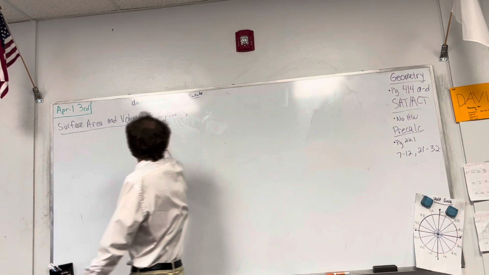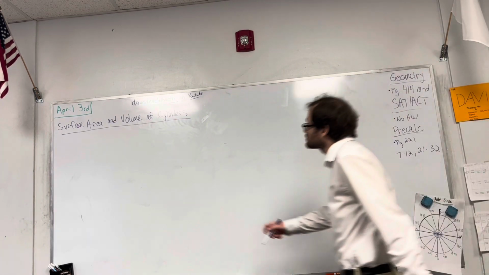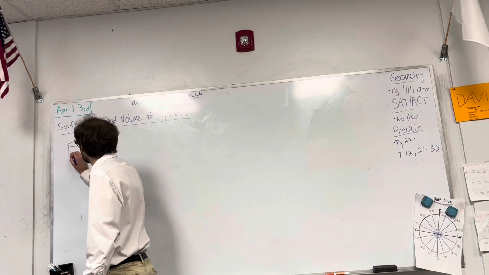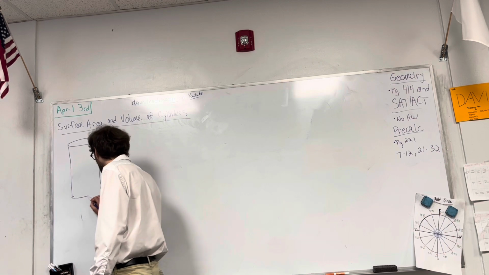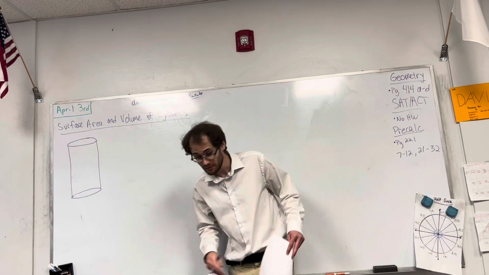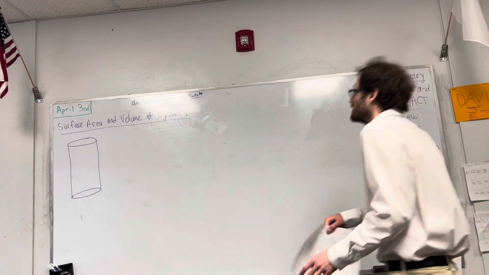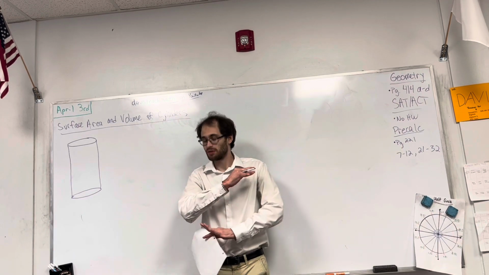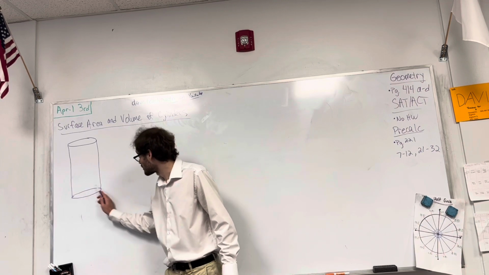And before I just start throwing out formulas left and right, let's remind ourselves of some definitions here. First of all, if we're going to be looking at cylinders, I think we need to draw a cylinder. Okay, so let's label the parts of this here. Remember, for a 3D shape, the base is the part that is parallel. For this shape, it is the circles.